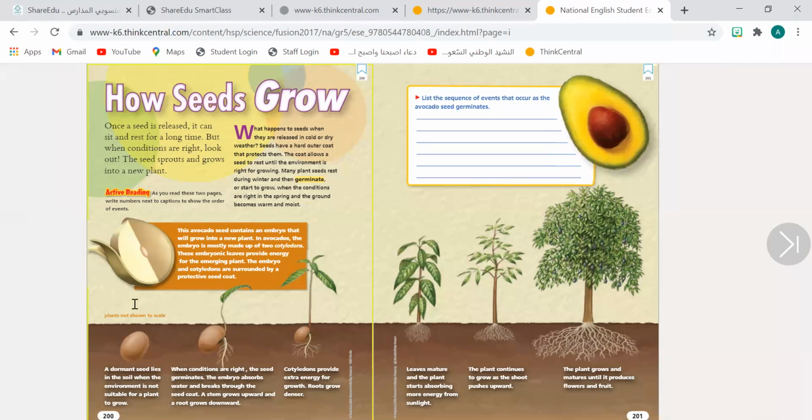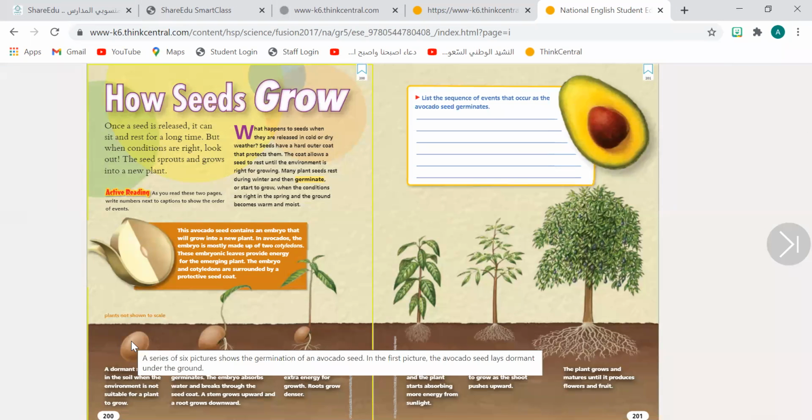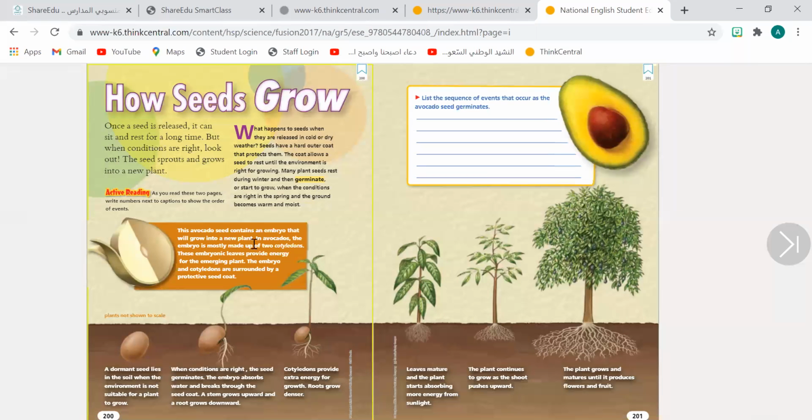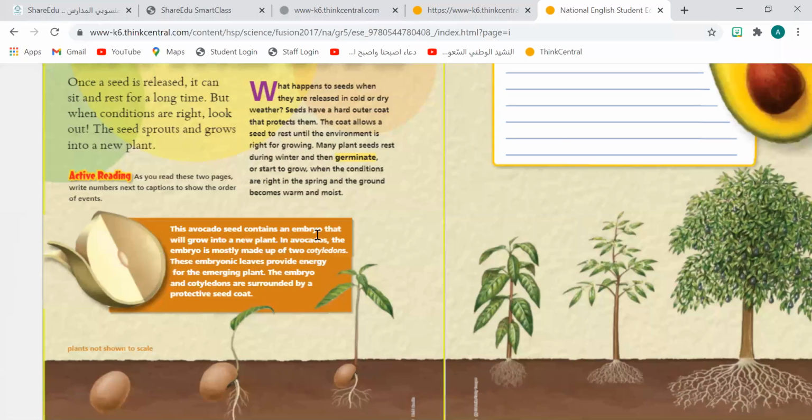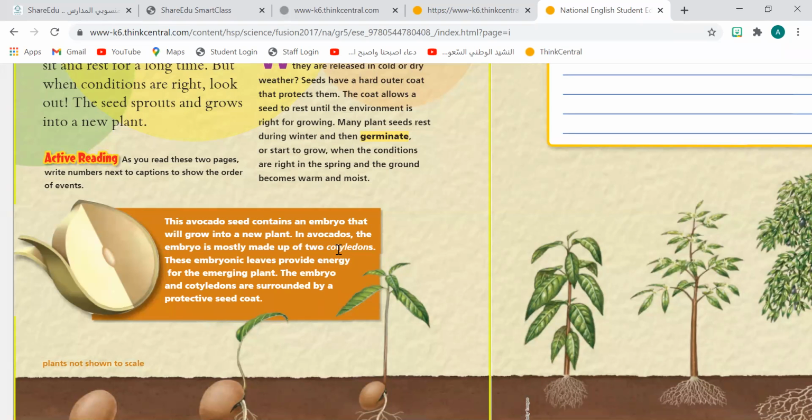So first, this is an avocado seed, okay? This avocado seed contains an embryo that will grow into a new plant. Then in avocados, the embryo is mostly made of two things. Cotyledons.